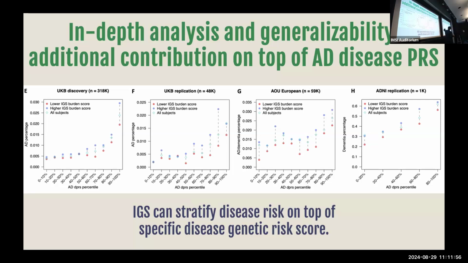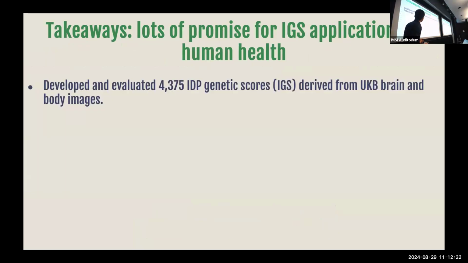In this figure, the x-axis shows different groups of people with different levels of disease risk. For the group with higher disease risk, we can further stratify them into an even higher risk and a lower risk of disease. This is done by the imaging data we have. This is one example, and we have a few other examples in the paper, which is already on MedArchive. If you are interested, feel free to check that.